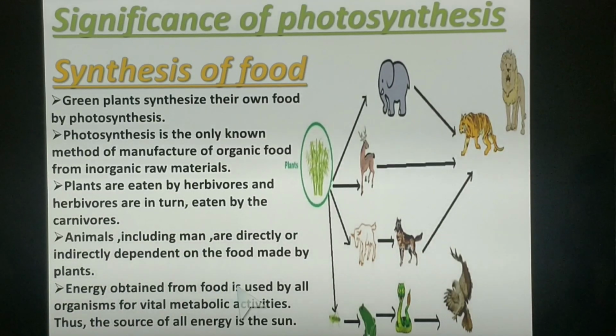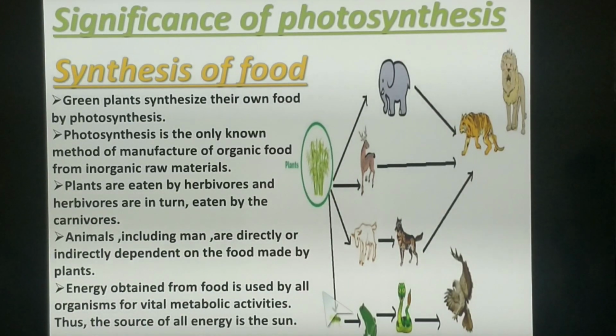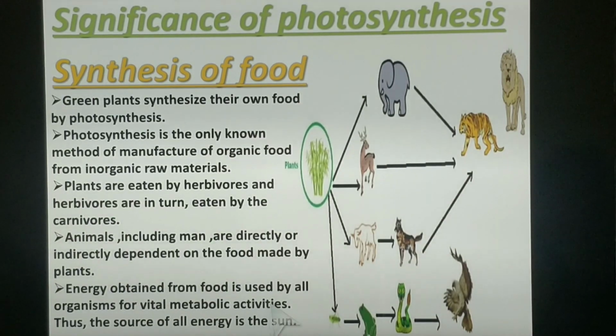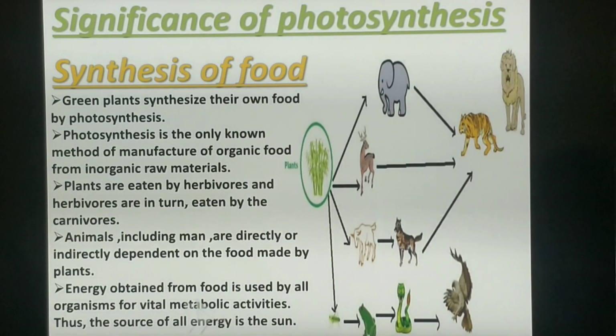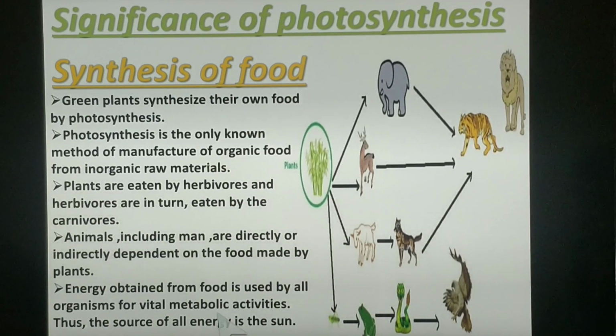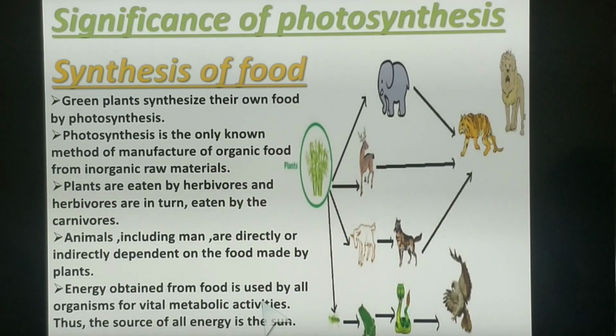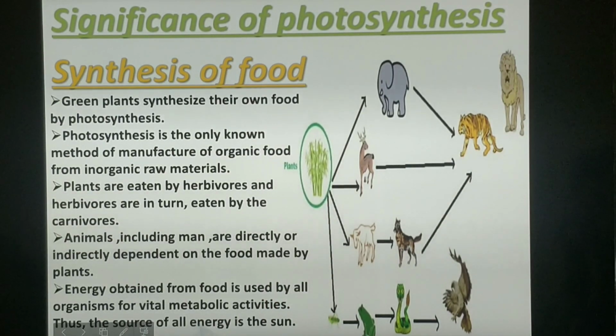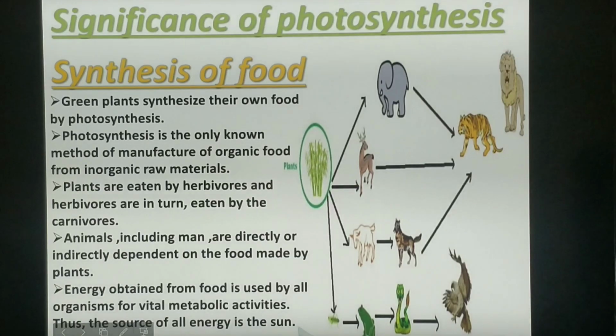Energy obtained from food is used by all organisms for vital metabolic activities. Vital metabolic activities means all the life processes that are taking place inside. Thus, the source of all energy is the sun.